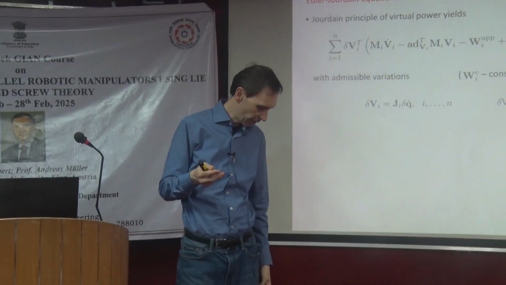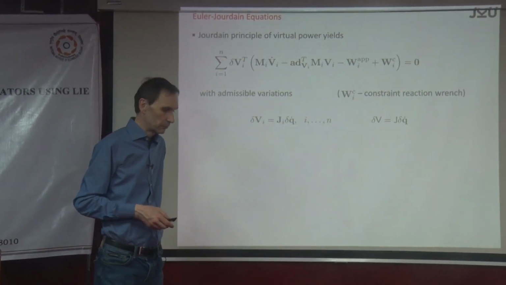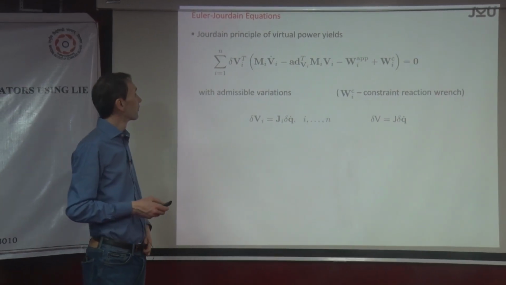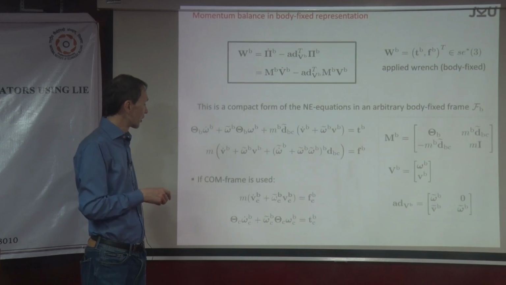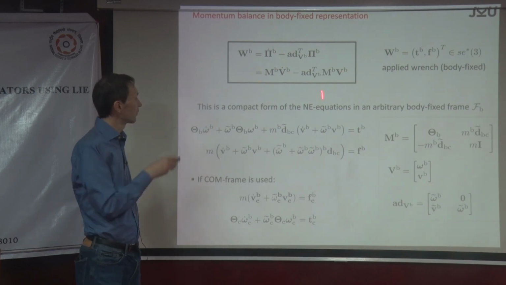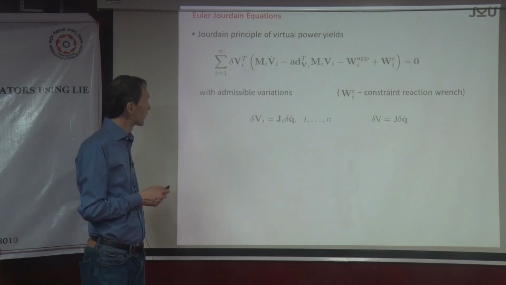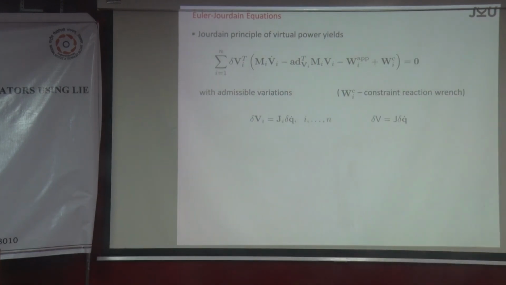And the total power of this system, consisting of these n bodies, is, of course, well, this is the dynamic wrench, so to say, what one body is generating. Then you add up all these wrenches, but you have to include some other wrenches, because maybe you should write this on a blackboard.